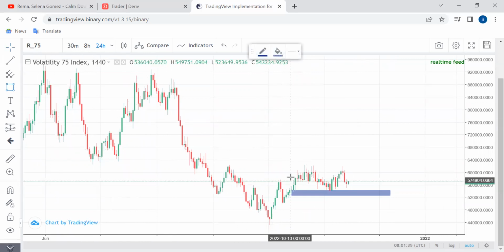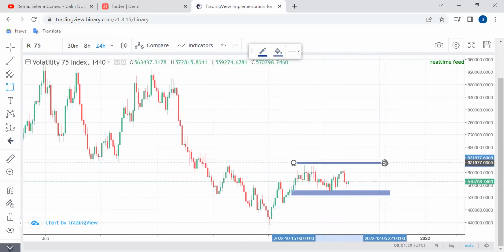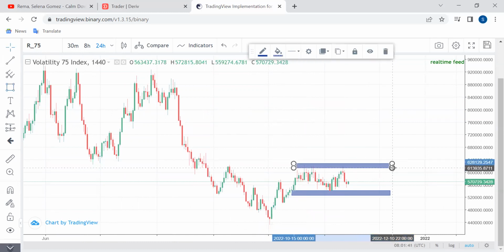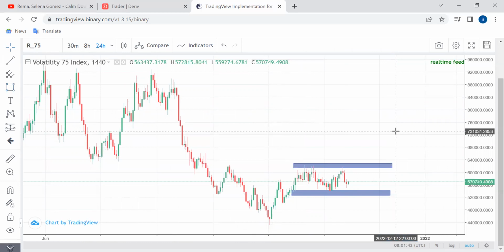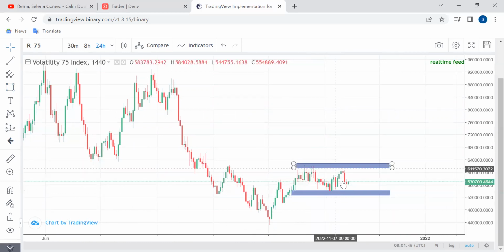And here. So what's happening in between here is that the market is consolidating. There's no clear movement. There's no clear bearish or bullish movement.